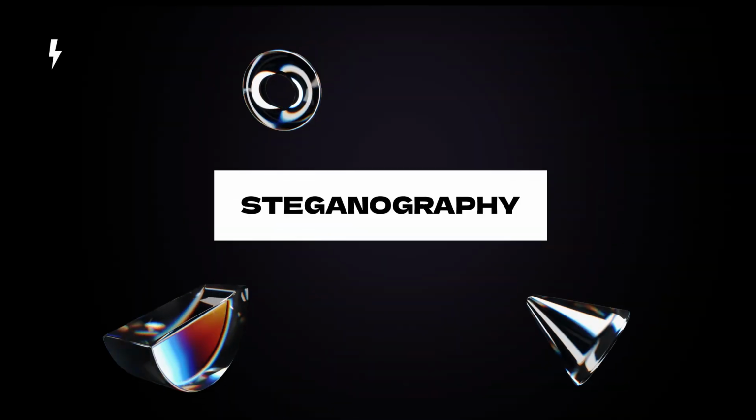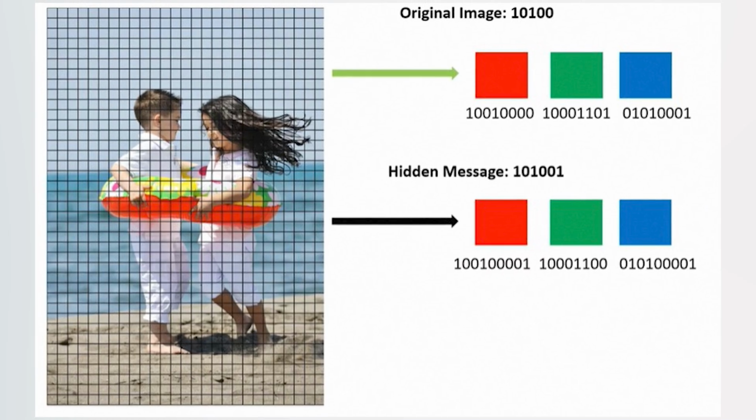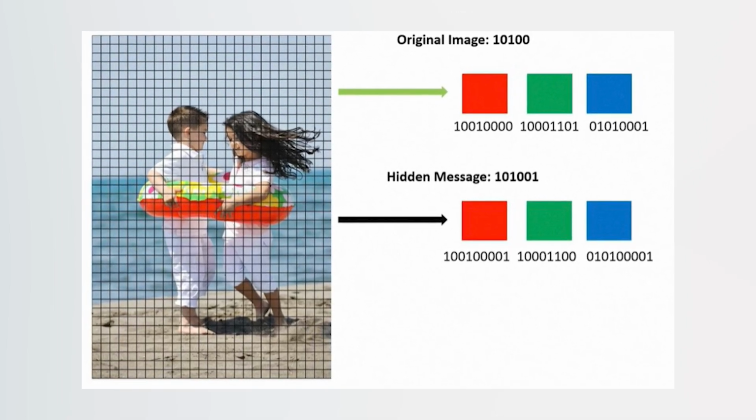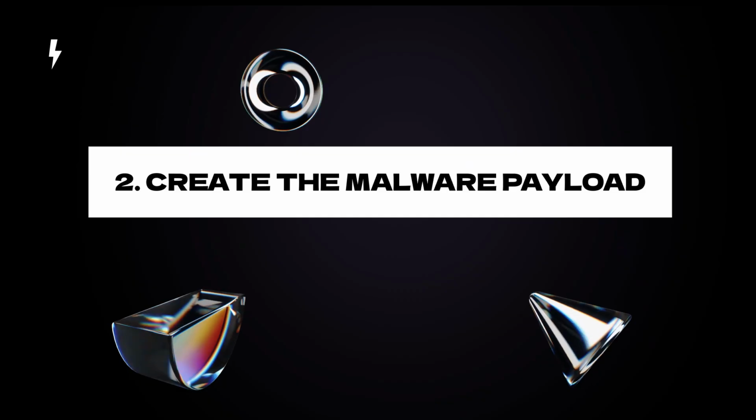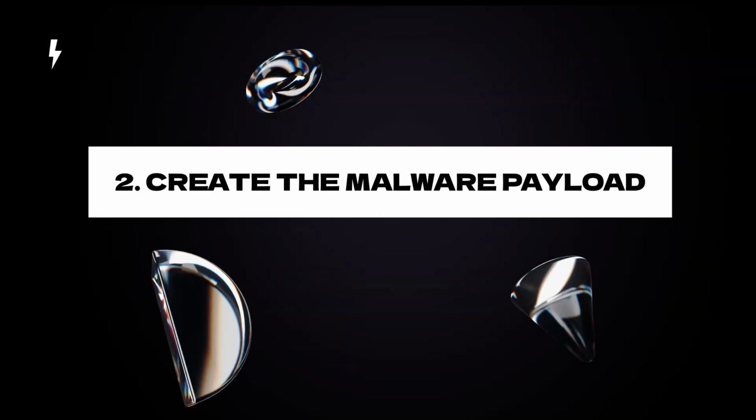Okay, the next one we have is steganography. Select a carrier file: choose an image file like a JPEG, BMP, or PNG that can hold the malicious payload without significant changes to file size or appearance. Create the malware payload: develop the malicious code or data to be concealed within the image.